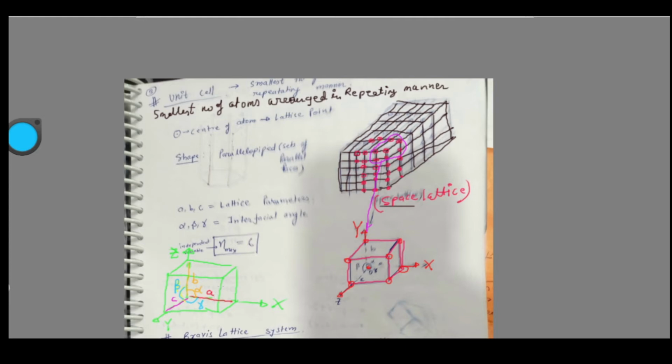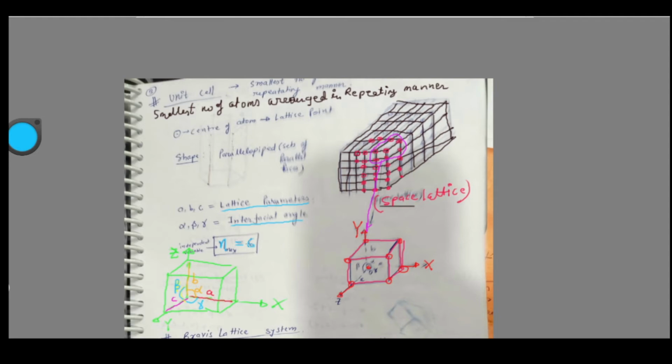Okay, so this a, b and c are called lattice parameters, and the angles alpha, beta, gamma are interfacial angles, like the angle between a and c, the angle between a and b. And the maximum number of independent variables is 6, like a, b, c and alpha, beta, gamma.